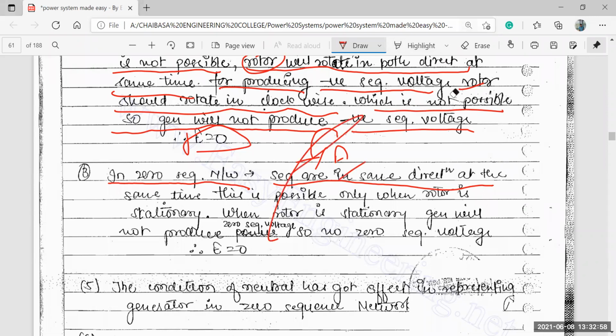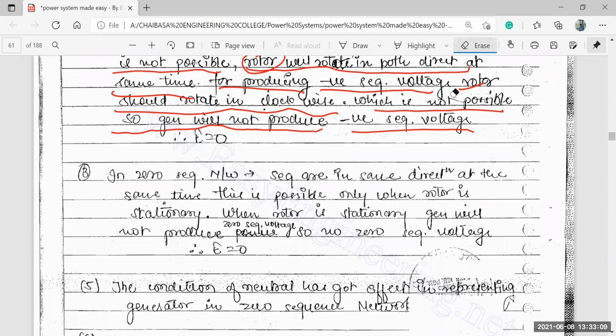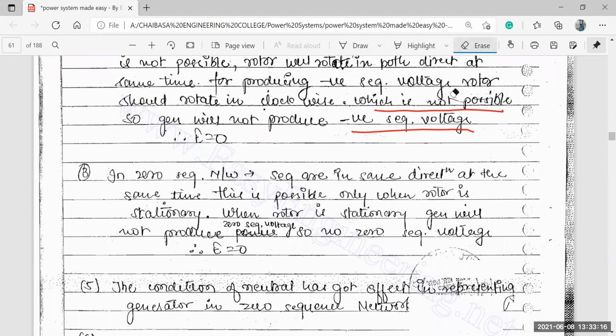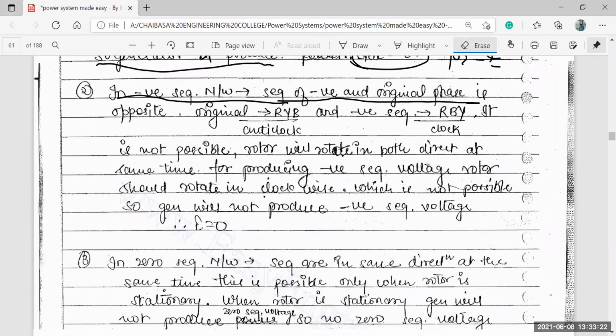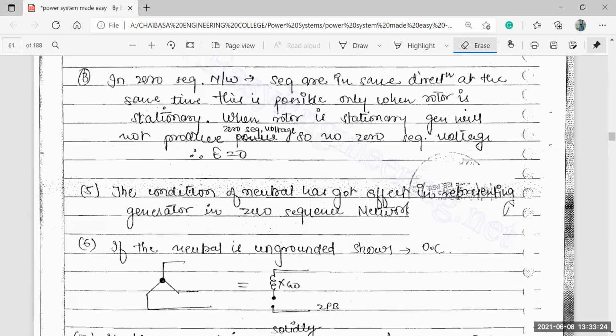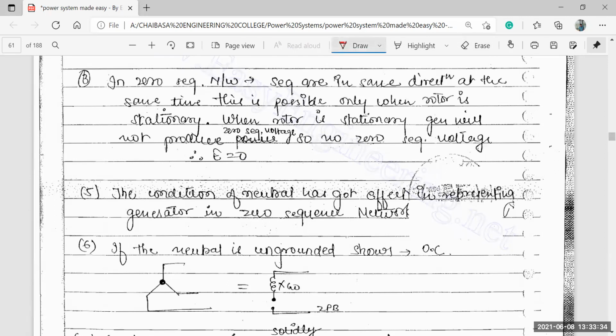Okay, this is fine, this is all right. We have done with all the three, meaning why it is being produced and what your E value will be.